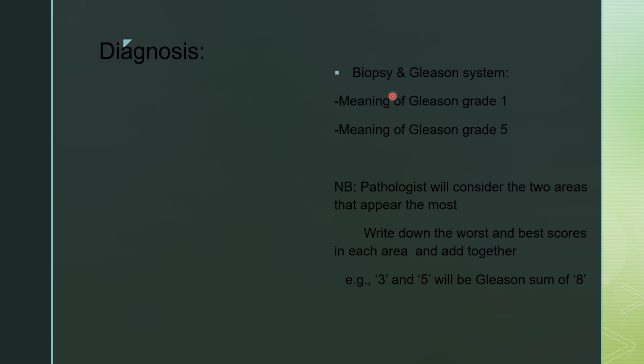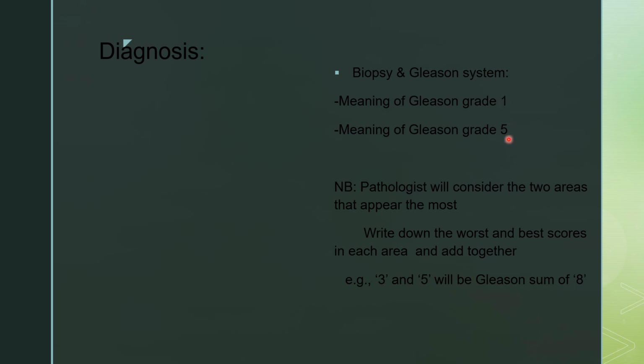Now, the histopathologist will send a report in the form of the Gleason system. When you find Gleason grade 1, that is pretty nice in the sense that it is pointing to the fact that the cancerous tissue is looking just like the prostate tissue.